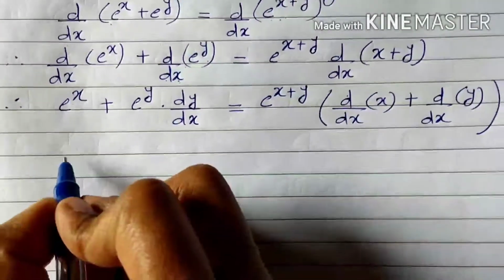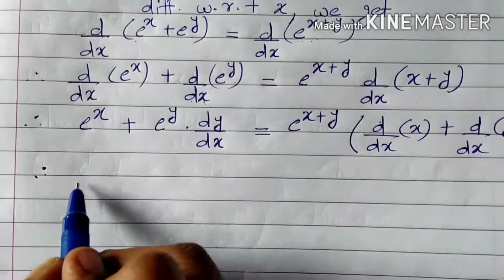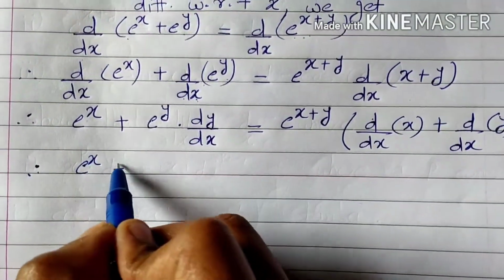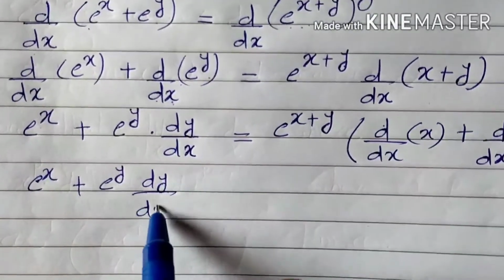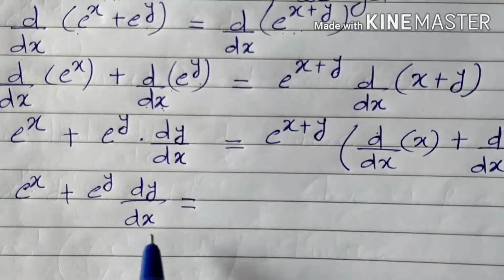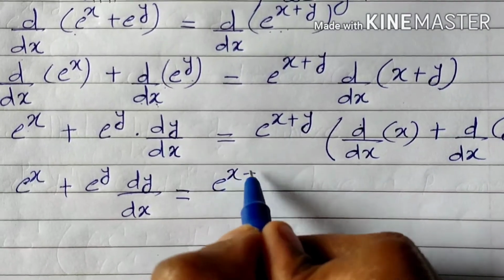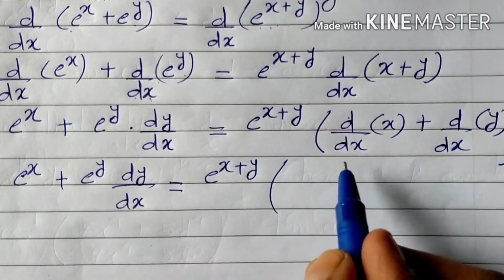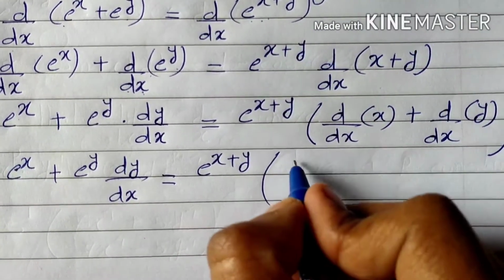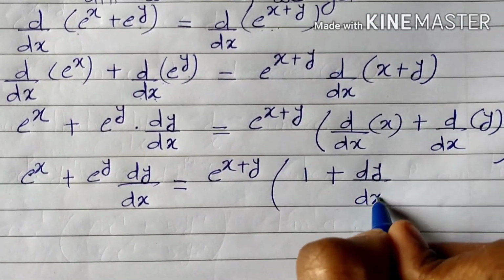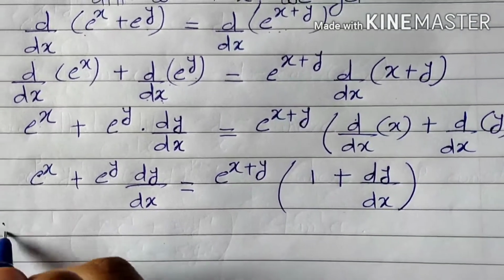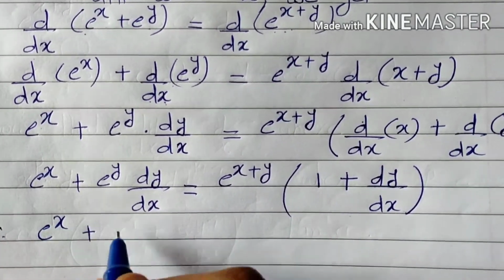Now write the LHS side as it is. Therefore e raised to x plus e raised to y dy by dx is equal to e raised to x plus y into derivative of x with respect to x, which is 1, plus dy by dx.